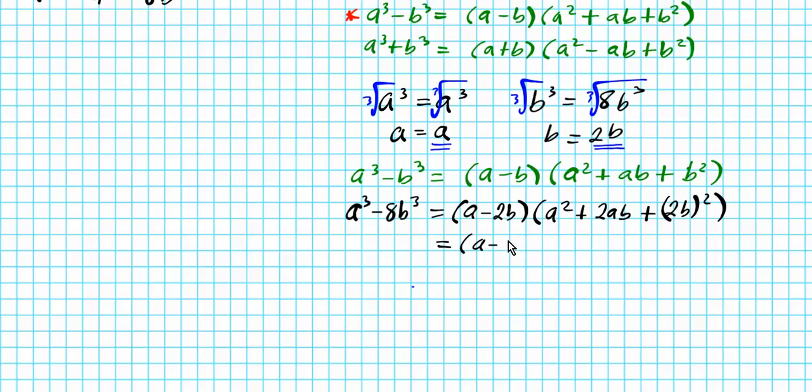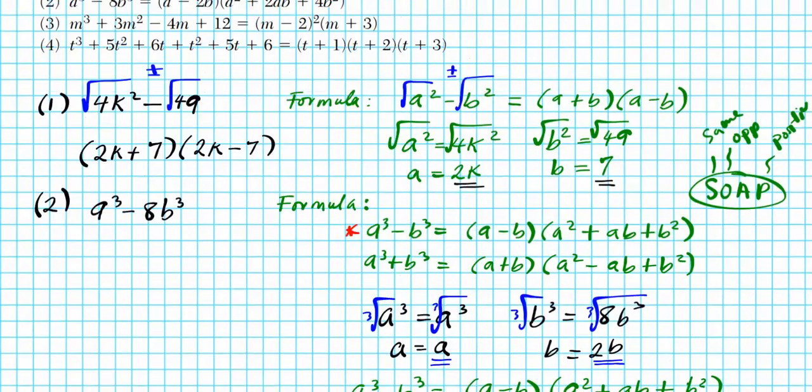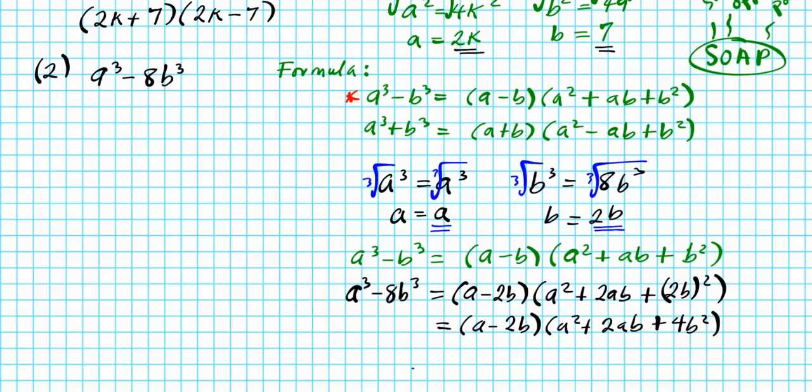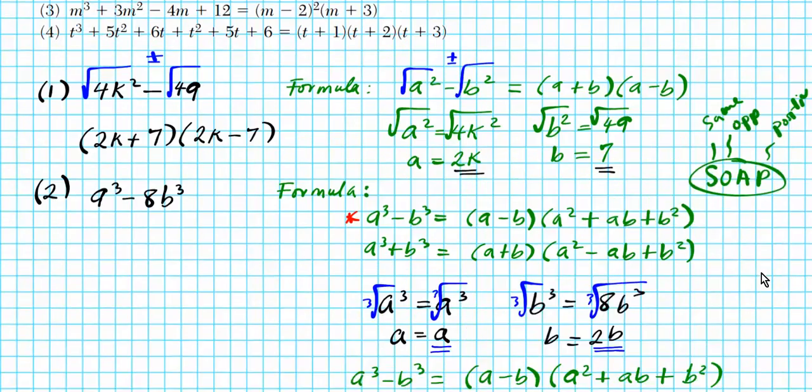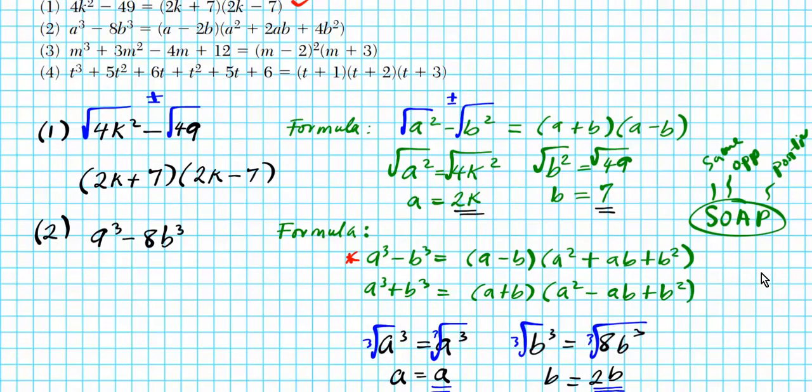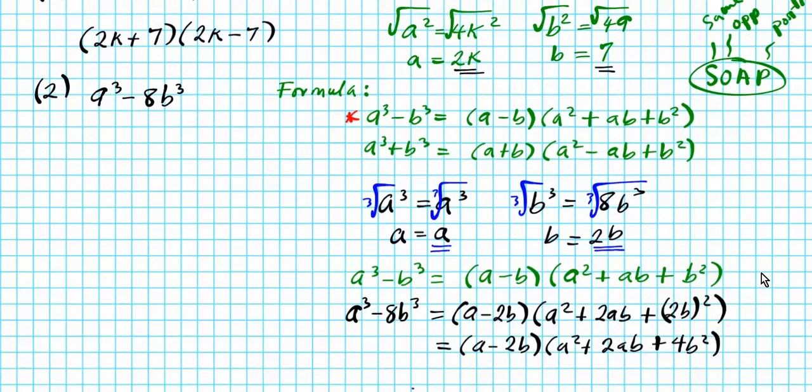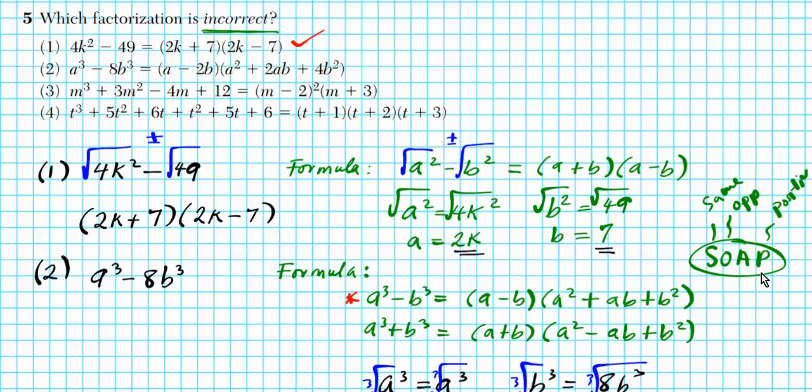So we have a minus 2b times a squared plus 2ab plus 4b squared. Okay, so is that what we have for option 2? Yes, it is correct. So the factorization for option 2 is correct.